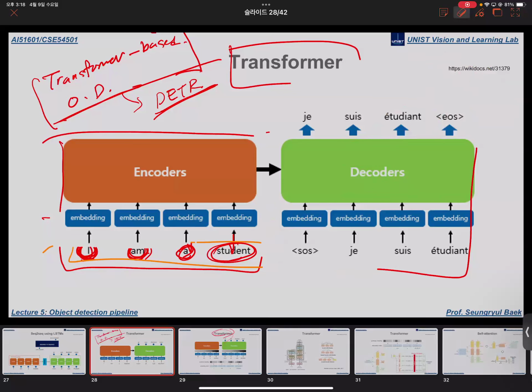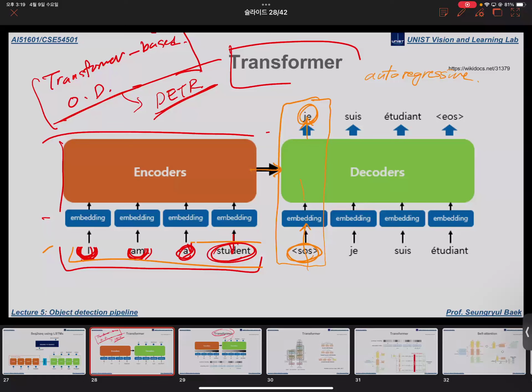So the decoder also works in the auto-regressive manner. When interpreting the first output, after getting this feature from the input signal, you only apply this starting token to get this first word in French.